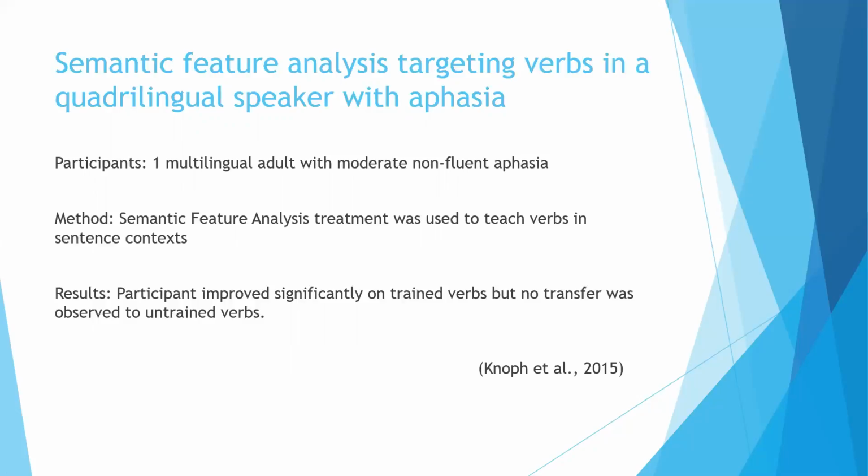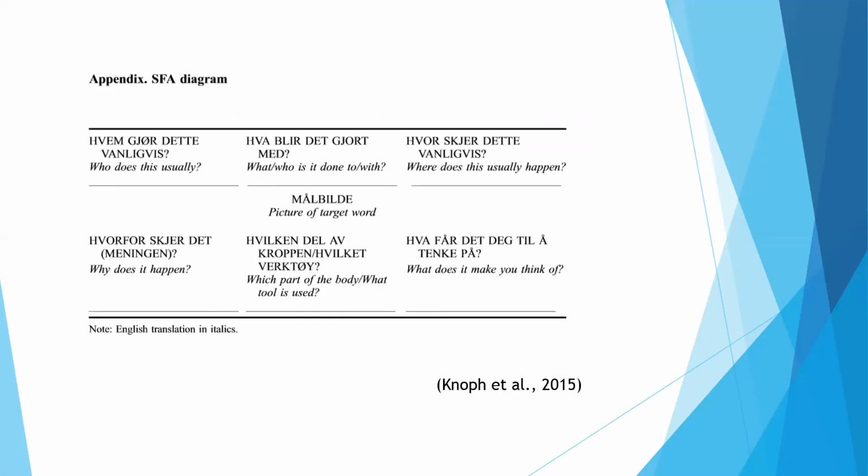And the results were he improved significantly on trained verbs, but unfortunately, again, there was no generalization to untrained verbs. Here we have the semantic feature analysis chart that was used for him, very similar to the other two that we talked about.